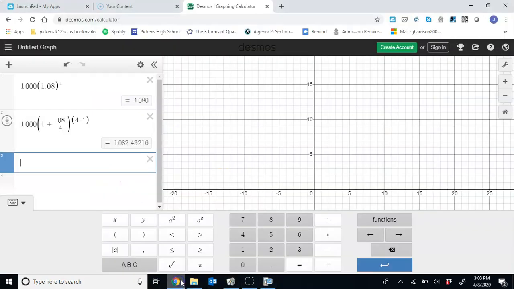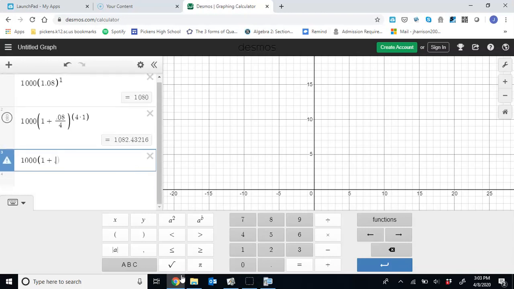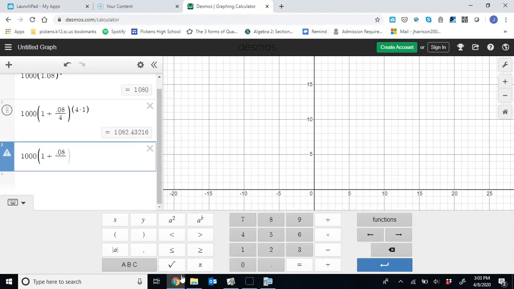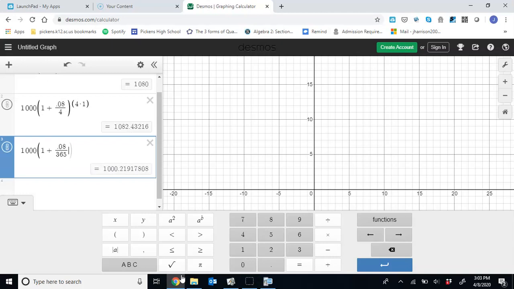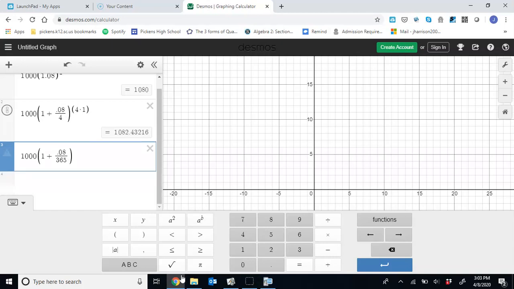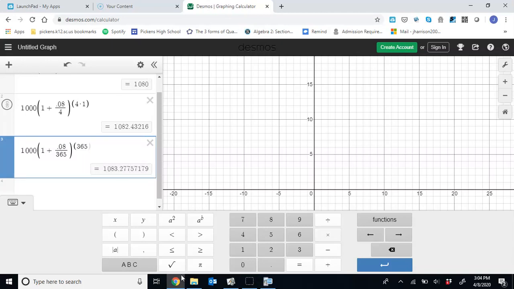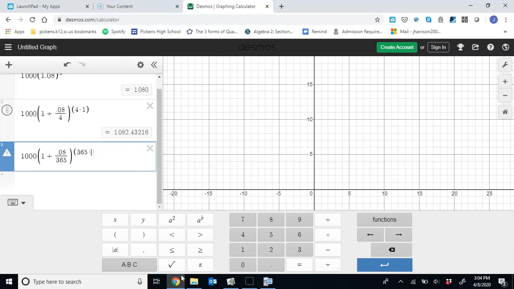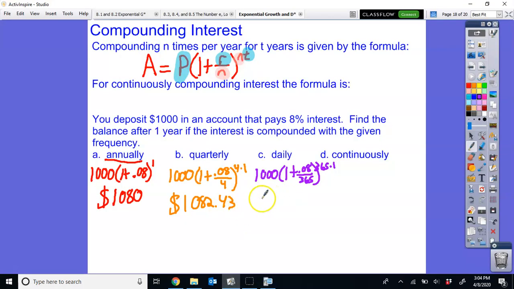So then I take out my handy dandy calculator, do 1,000, 1 plus 0.08 divided by 365, close my parentheses, raise it to a power here of 365 times 1. I don't know why I keep accidentally hitting the letters there. $1,083.28.